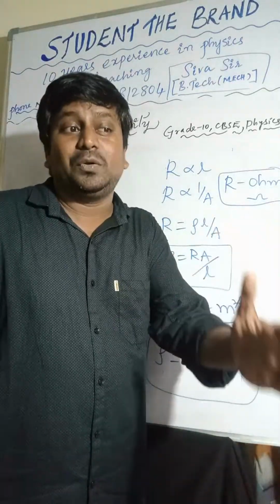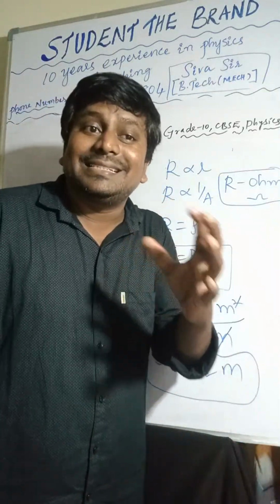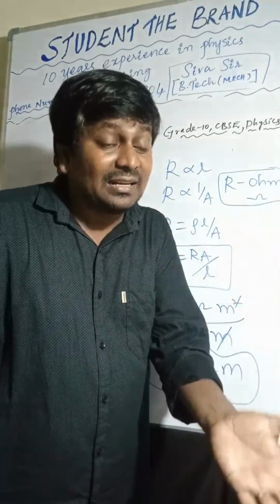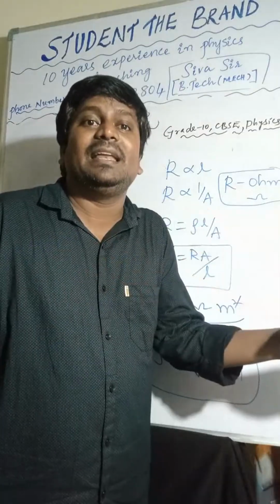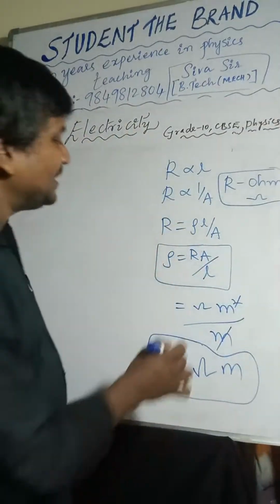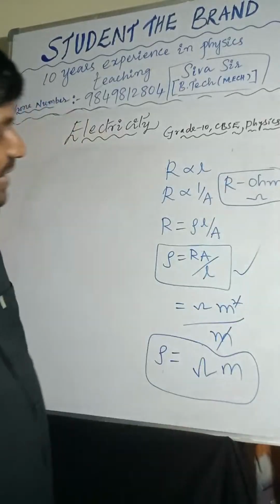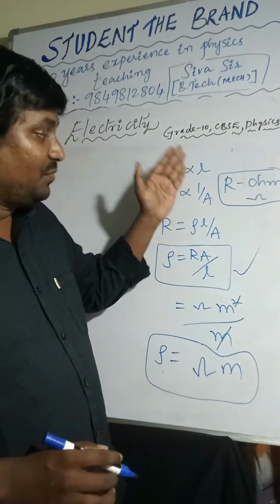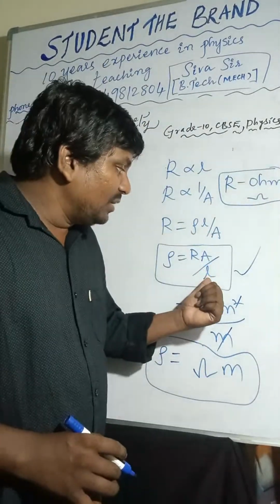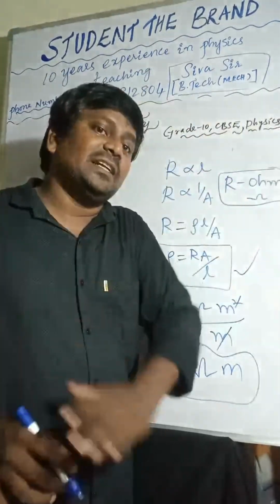Resistivity is equal to the resistance of a conductor per unit length and unit cross sectional area. So the definition from here itself you can get.